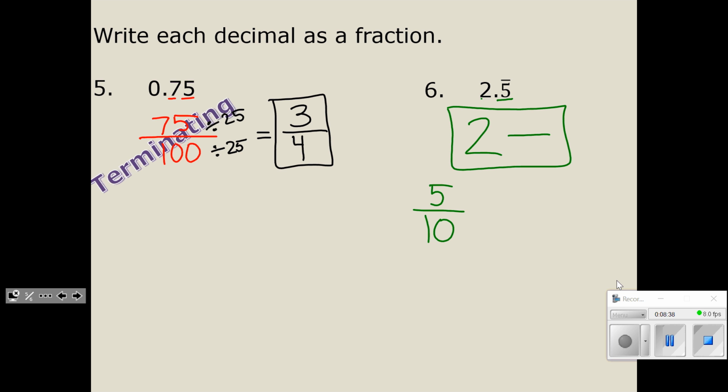But that repeating bar means I have to actually subtract 1 from whatever the denominator is to make it a repeating decimal. So that means it is going to be 5/9. And it's actually not going to be 5/9 by itself. We have to put that up there with the whole number 2. So our final answer will be 2 and 5/9.